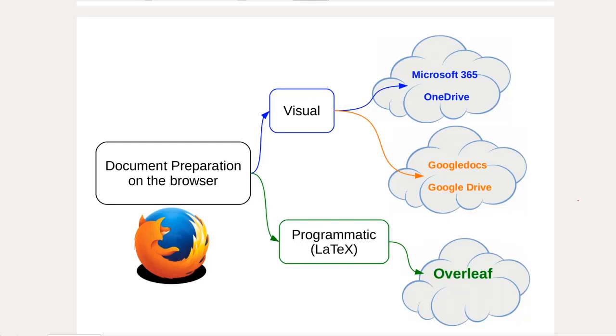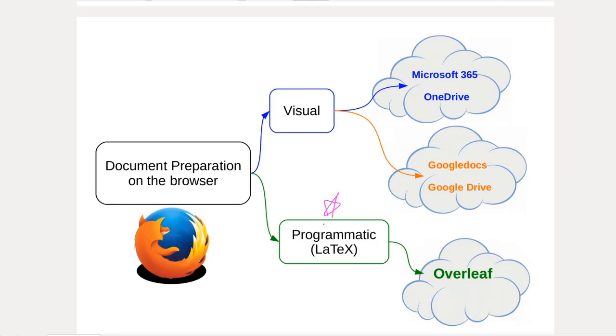And there is also an equally powerful environment using Google Docs. The files will be stored on Google Drive. You can also look at that to make some of your documents. My own favorite would be the programmatic way of preparing a document, mainly because it gives you a lot of control on how the information will be rendered, and many features such as automatically listing the contents, the list of figures, list of tables, numbering of equations, and then the references at the end of the document sorted in a particular manner.